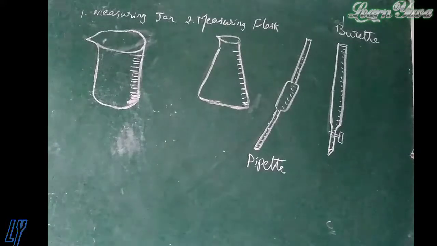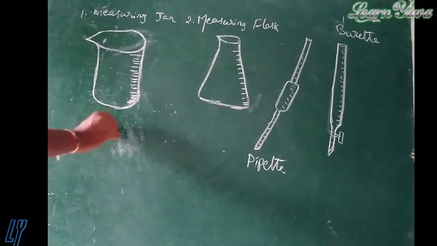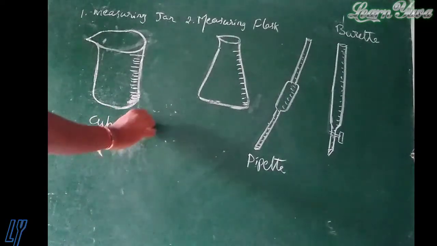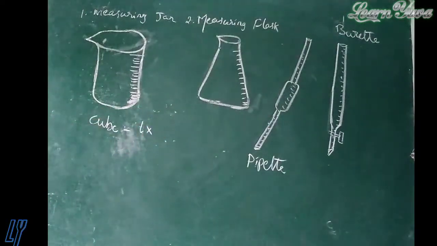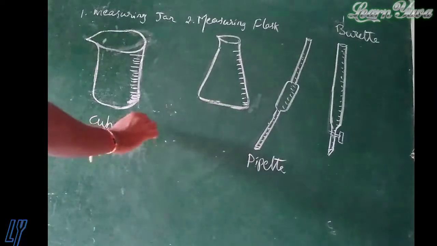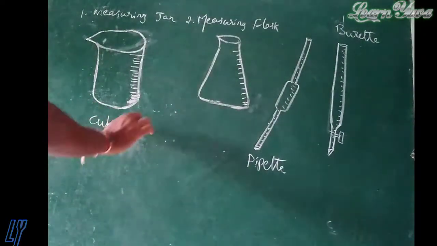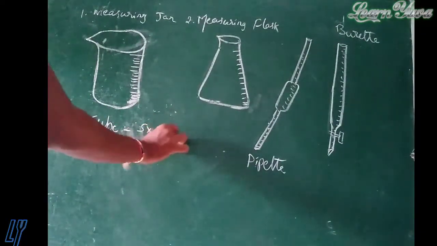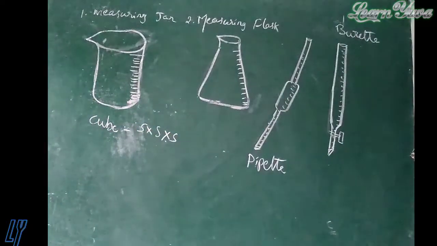What is the volume of a cube formula? Volume of a cube is equal to length into length into length, where length is nothing but a side, side into side into side.